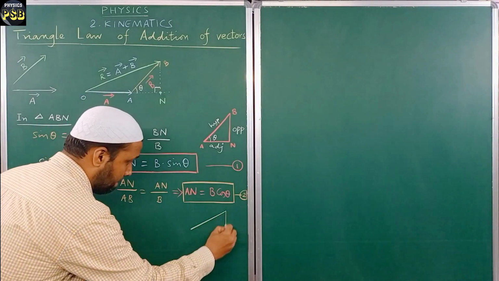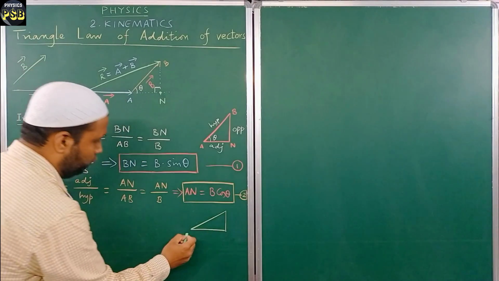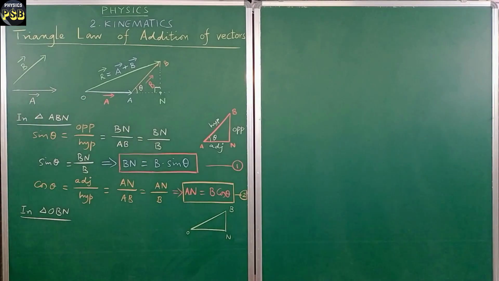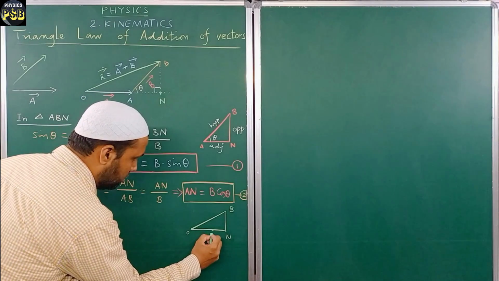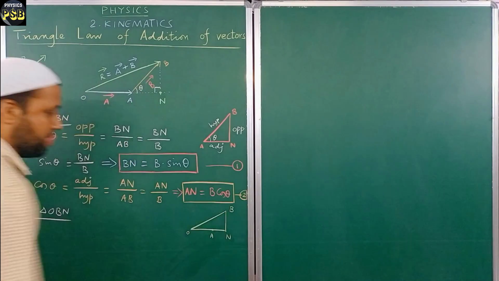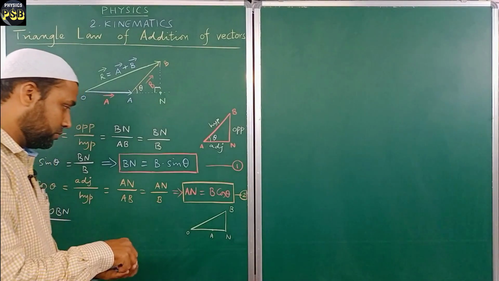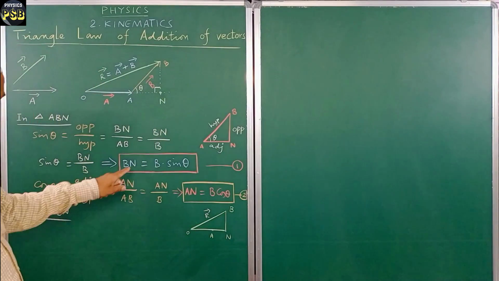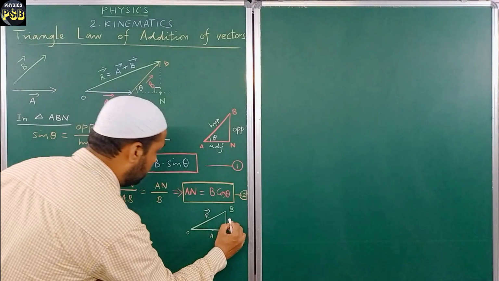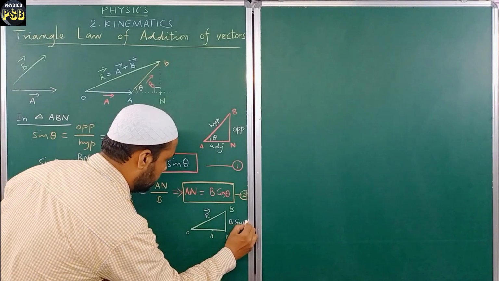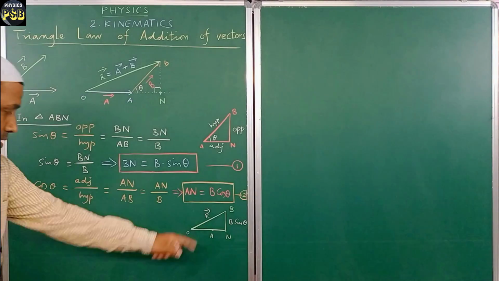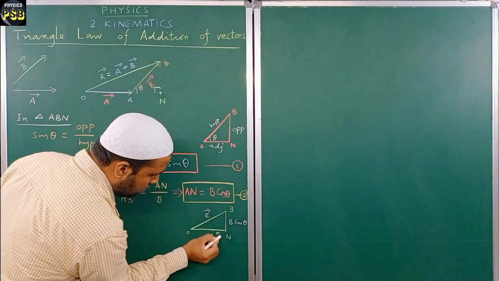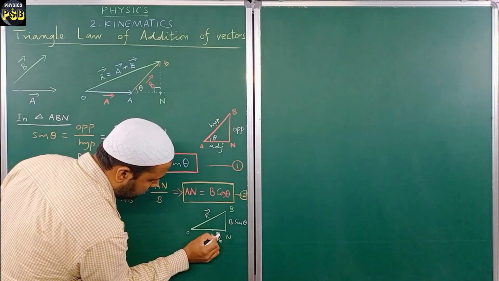This is the triangle: this O, this B, and here we have A. So the value of OB is R, and BN is B sin theta, and the value of AN is B cos theta.